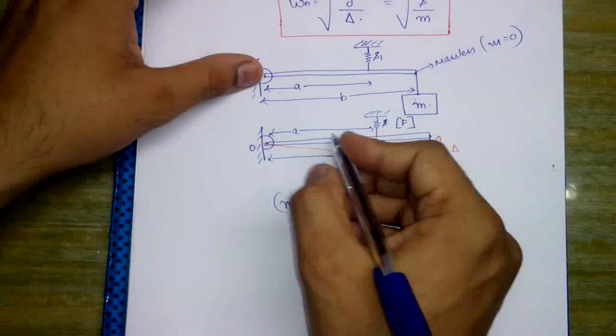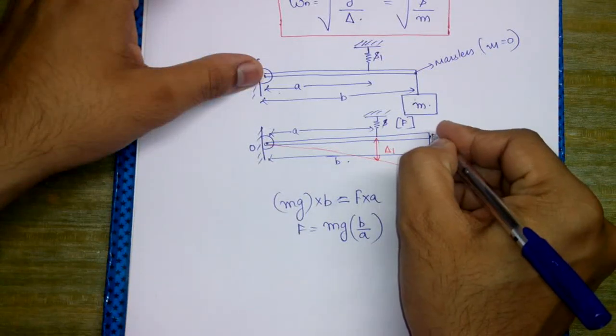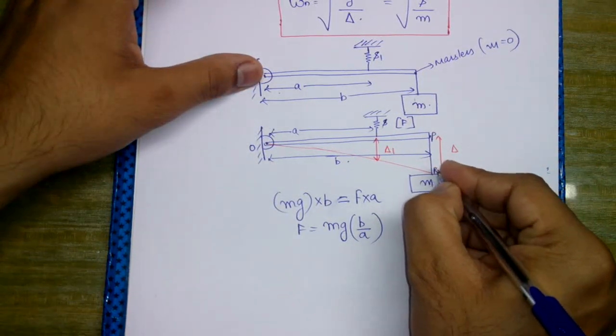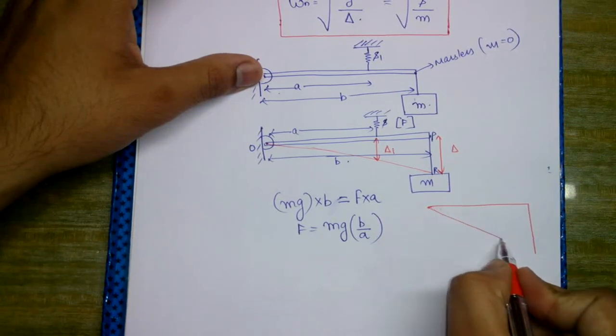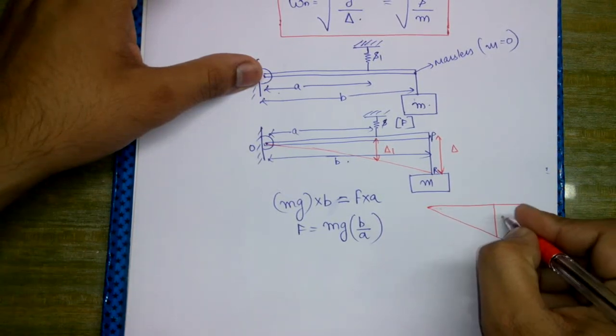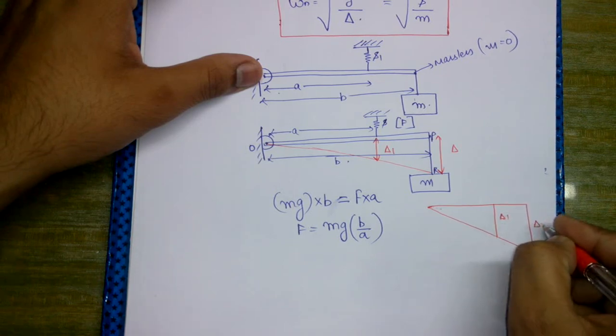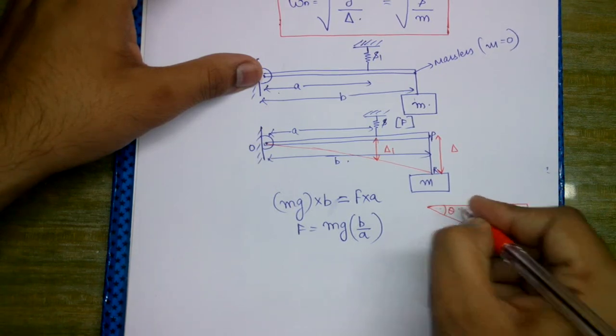Now if we look at this triangle OPR, we have this side as delta 1, this side as delta, and this angle theta.